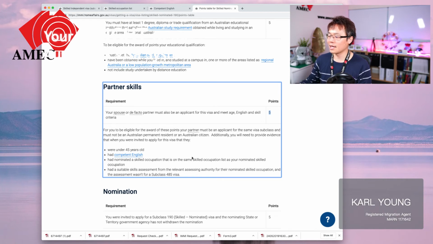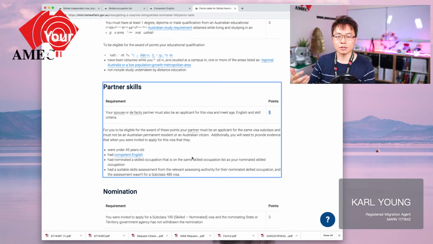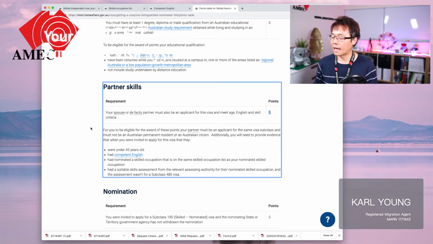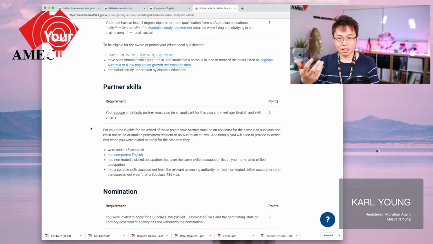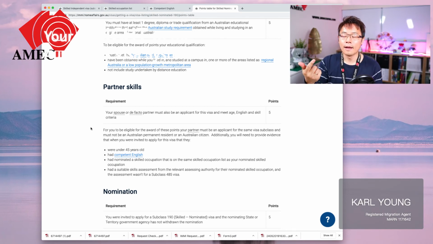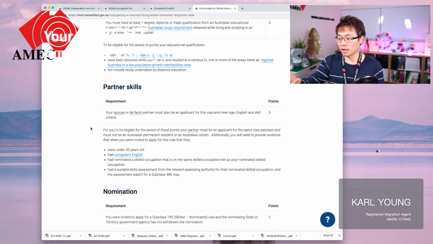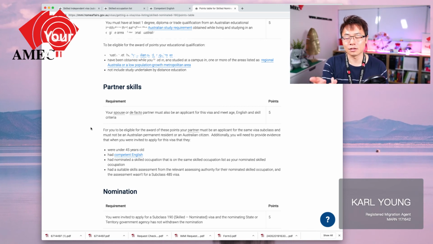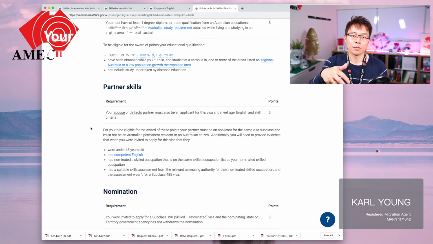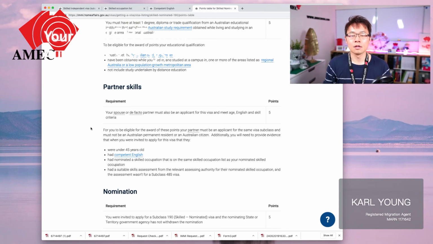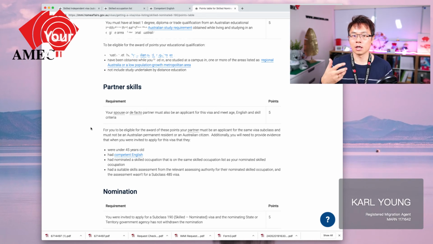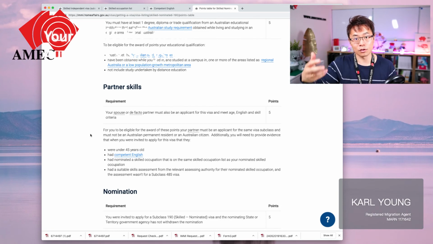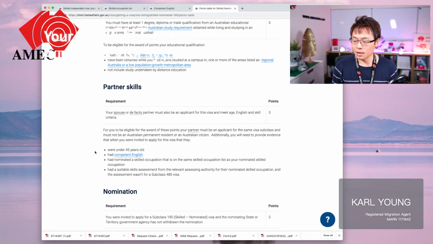Now, this part is going to be dramatically changed in the coming future, where they will promote migrants to come in as a single applicant, or with a partner with a skill like what we have just seen, or a partner who has at least competent English. If you come in with a partner without all of this, you actually get no points. So having a partner solely would not really help you to increase your points. That's how they want to do it in the future.